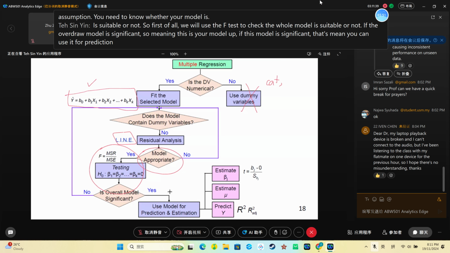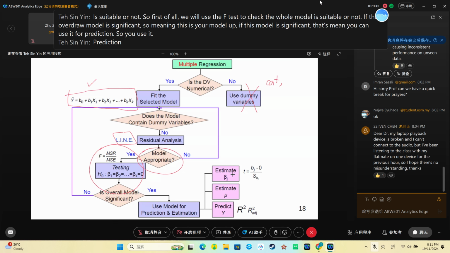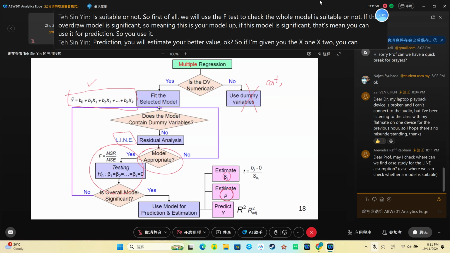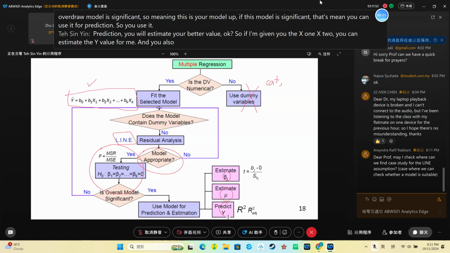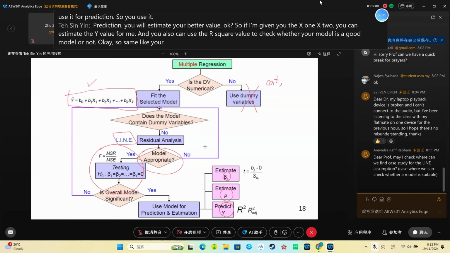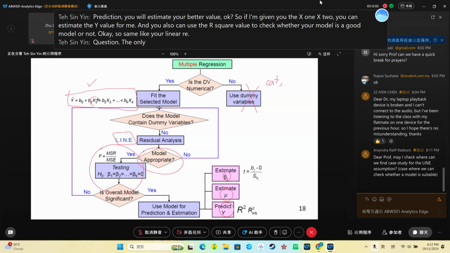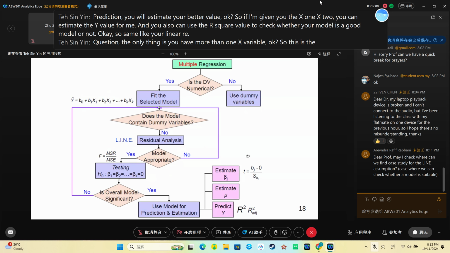So you use it for prediction, you will estimate your beta value. Okay, so if I give you the x1, x2, you can estimate the y value for me. And you can also use the R square value to check whether your model is a good model or not. Same as your linear regression, the only thing is you have more than one x variable. Okay, so this is the multiple regression.